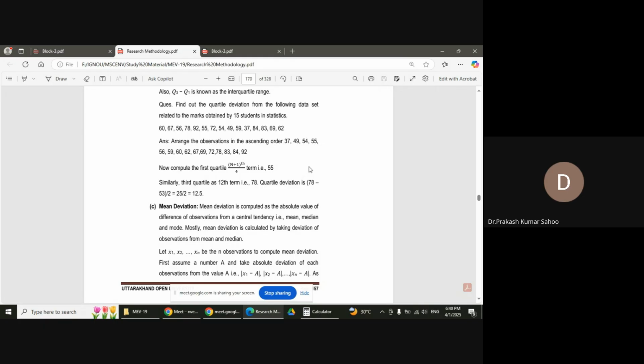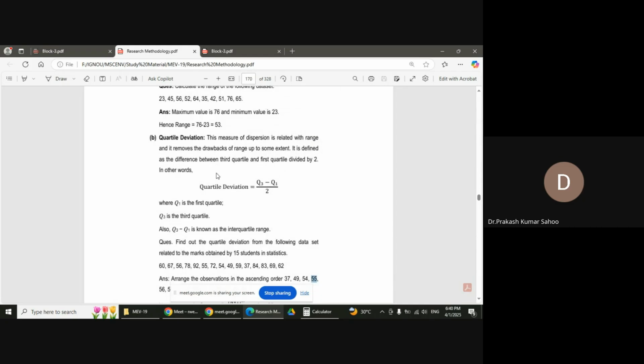So if it is even, it is okay. If it is not, then you add 1 or any odd number to make it divisible by 4. And if it is divisible by 4, you get the term known as the quartile. Just see here, it is odd, that is 15.